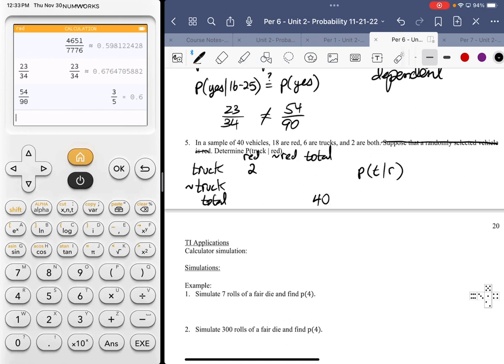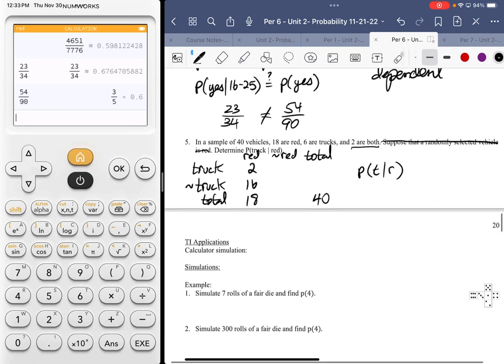Out of the 18 accounts for all the red vehicles, but we know 2 are red trucks, so I would remove 2 from the 18 to account for the instances where we know it's red but not a truck. So I'd have 16 there, and it totals out to 18 red vehicles.